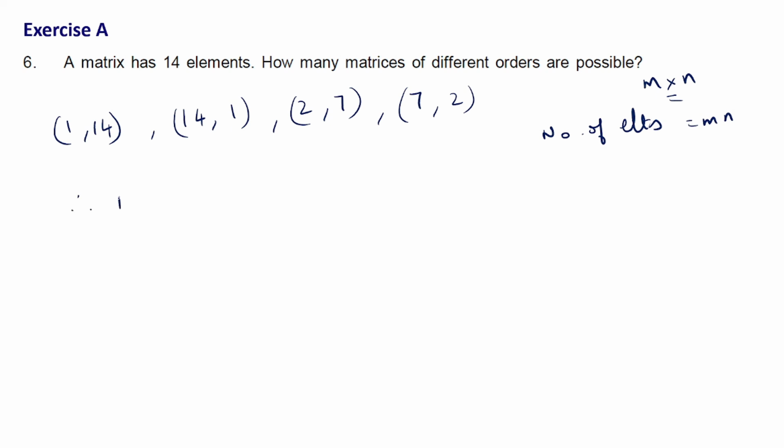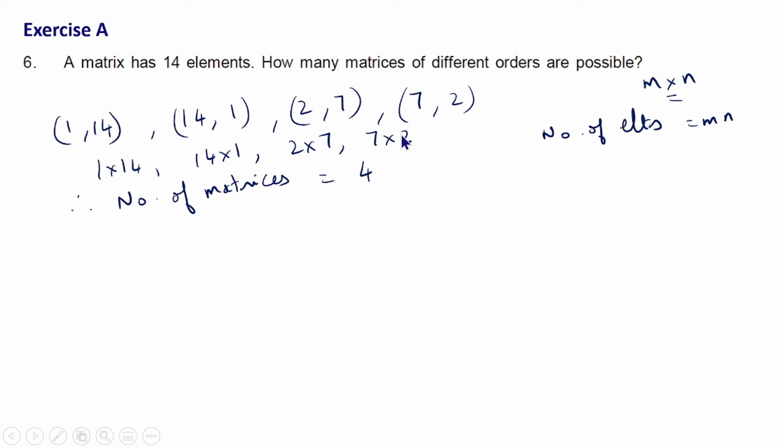So the number of matrices possible is 4. That is 1 by 14, 14 by 1, 2 by 7 and 7 by 2. So the answer is 4.